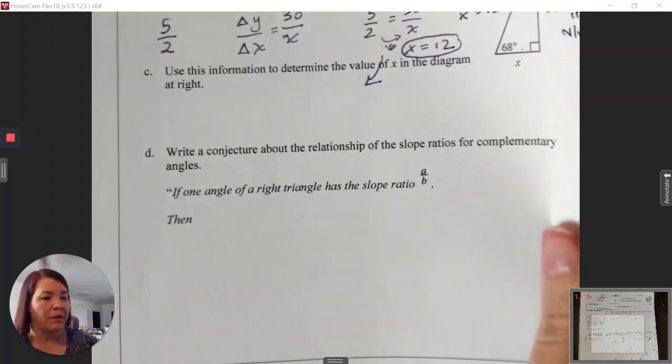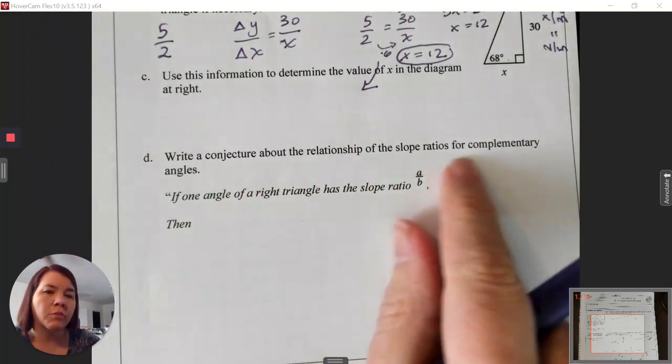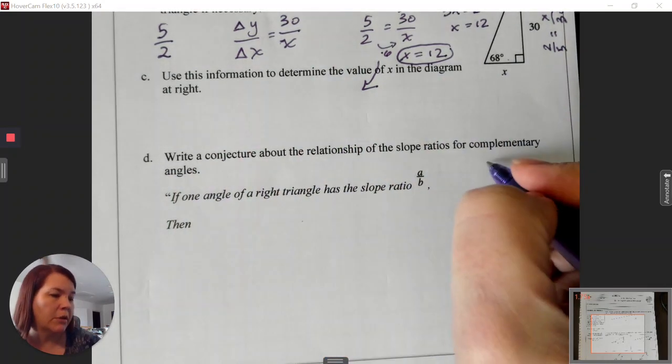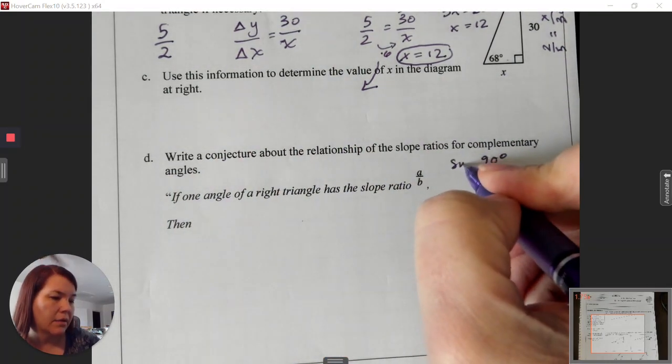Write a conjecture about the relationship of slope ratios for complementary angles. So remember, complementary means adds up to 90.